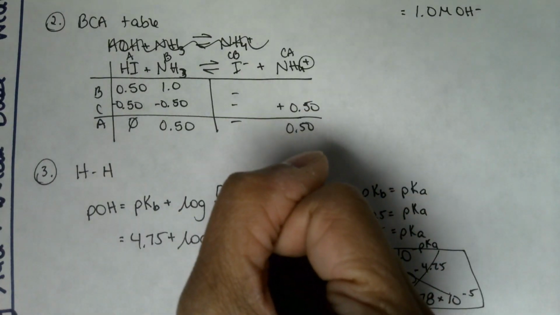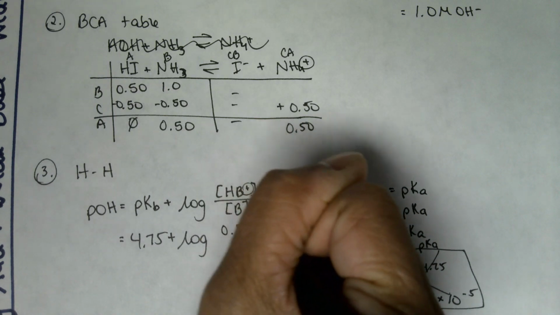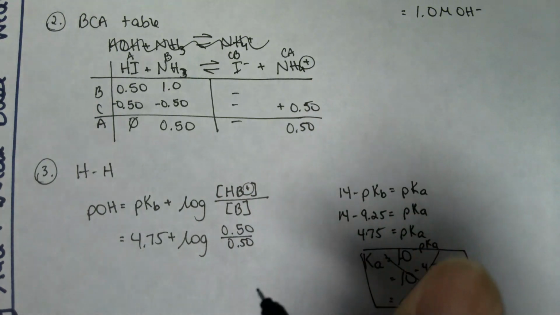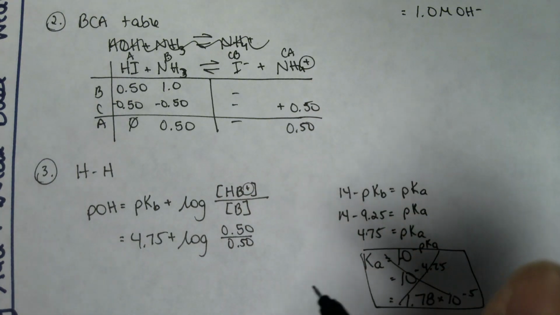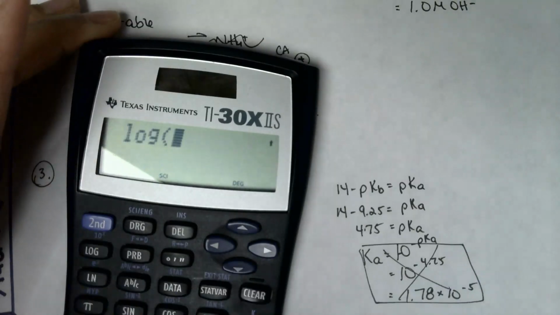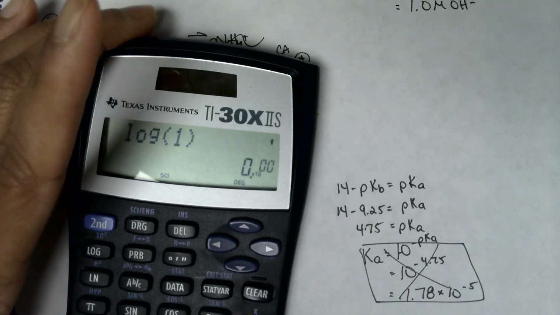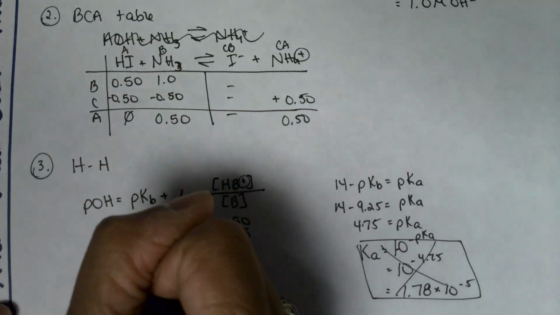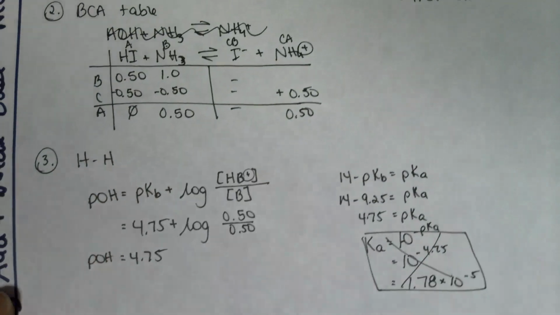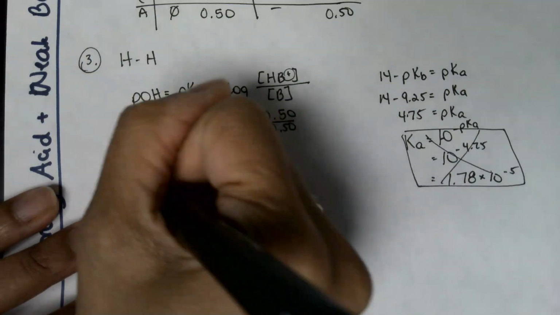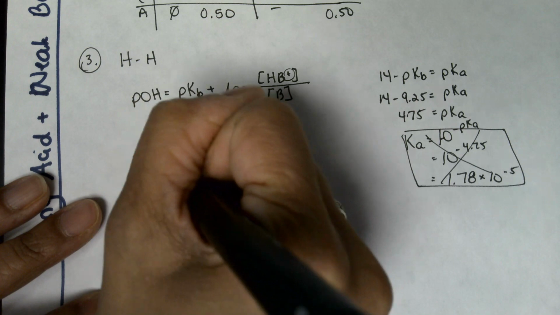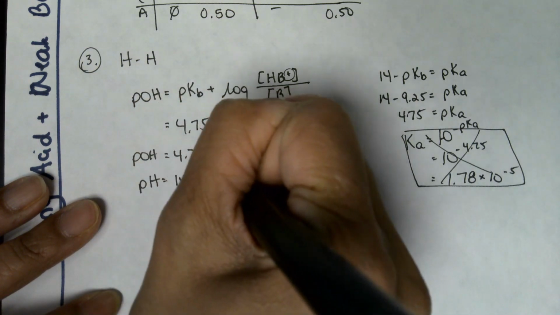And you end up with 0.50 over 0.50. Well, the log of 1 ends up being just 0. So your pOH in this case is equal to 4.75. Then use your pH is equal to 14 minus your pOH.